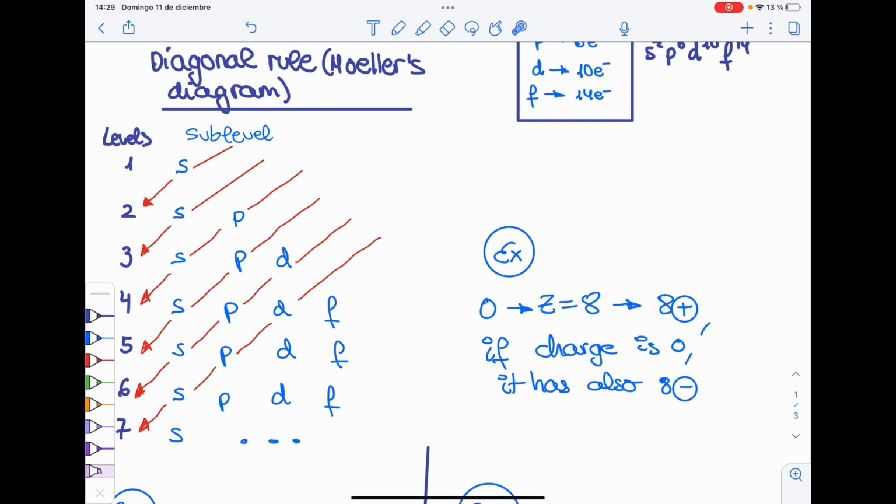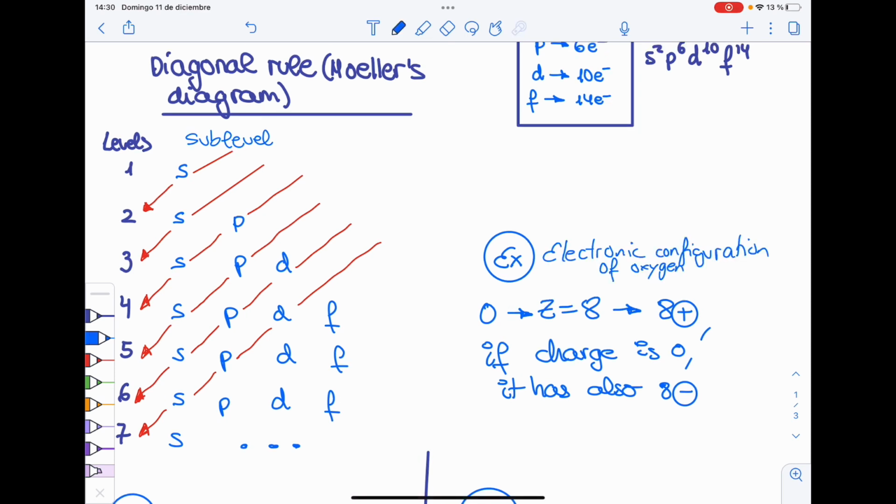And I'm going to put an example because it is easy to understand with an example. If I ask you the electronic configuration of oxygen and I tell you that oxygen has an atomic number of 8, remember that this letter means atomic number. So if the oxygen has an atomic number of 8, you know that the atomic number is the same as the protons.